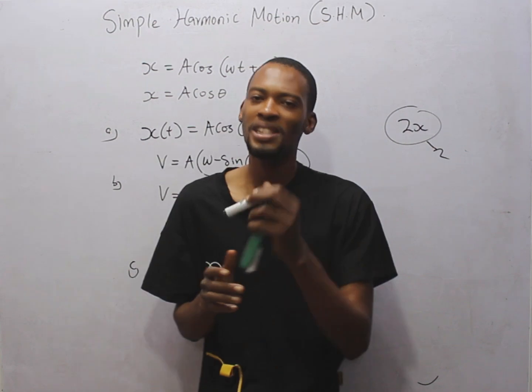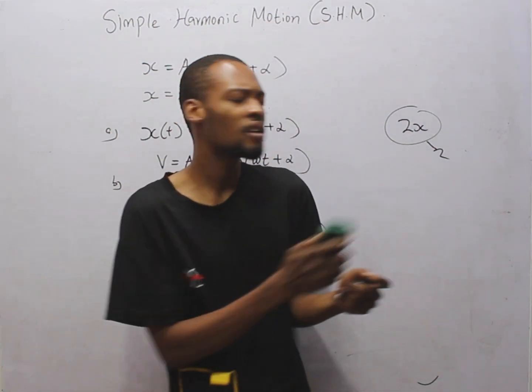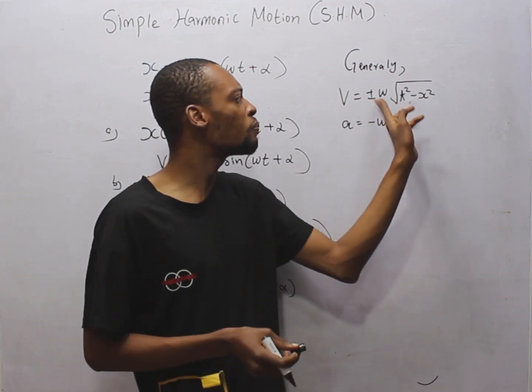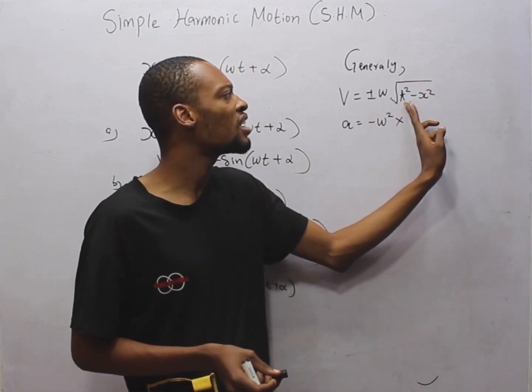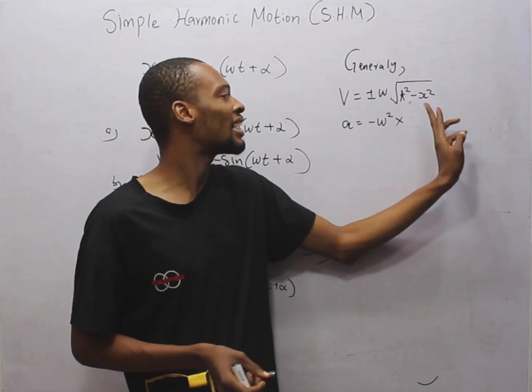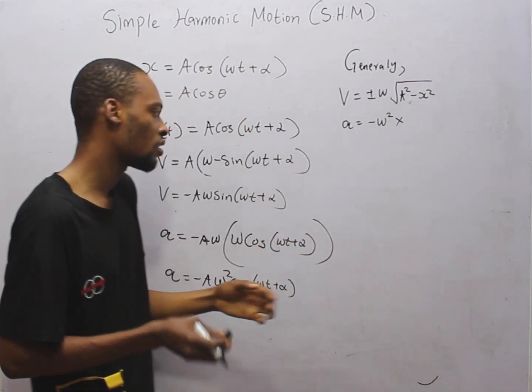Now take a look at something else and a general formula you need to know. Generally, velocity is equal to plus or minus W times the square root of A squared minus S squared, where A is amplitude and S is displacement.